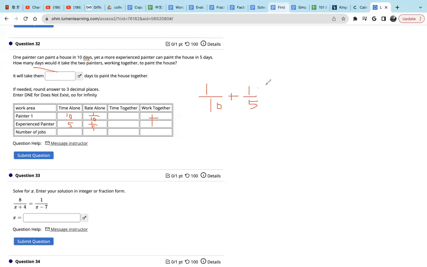We multiply 2 over 2 for this one. Common denominator is 10, so we get 3 over 10. So when they're working together, this is their speed, but we want to find a time. Time equals the work done divided by that speed, 3 over 10, which is 10 over 3.